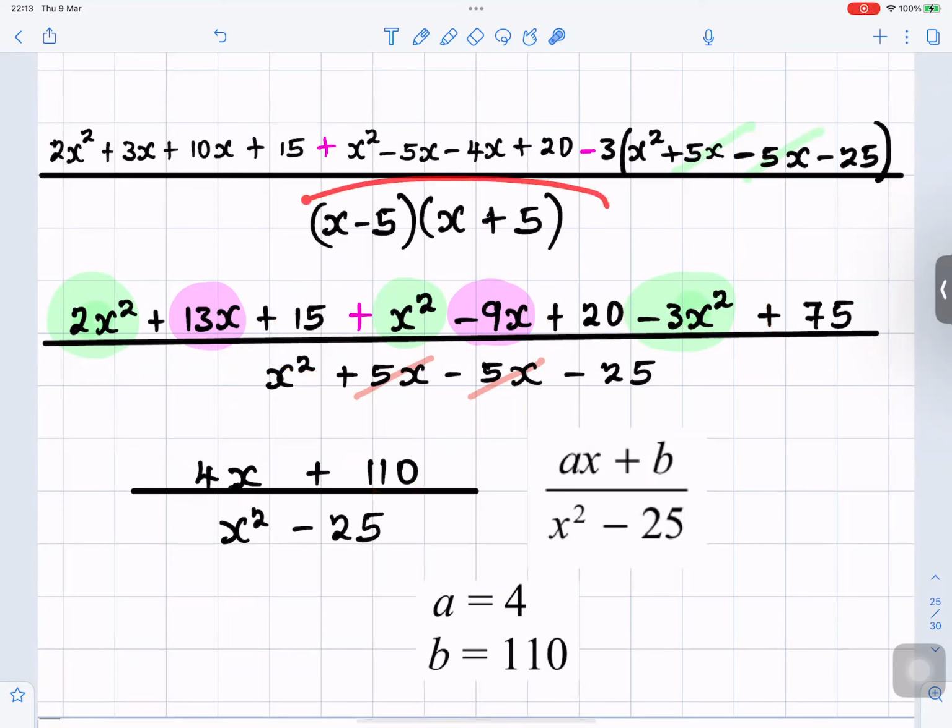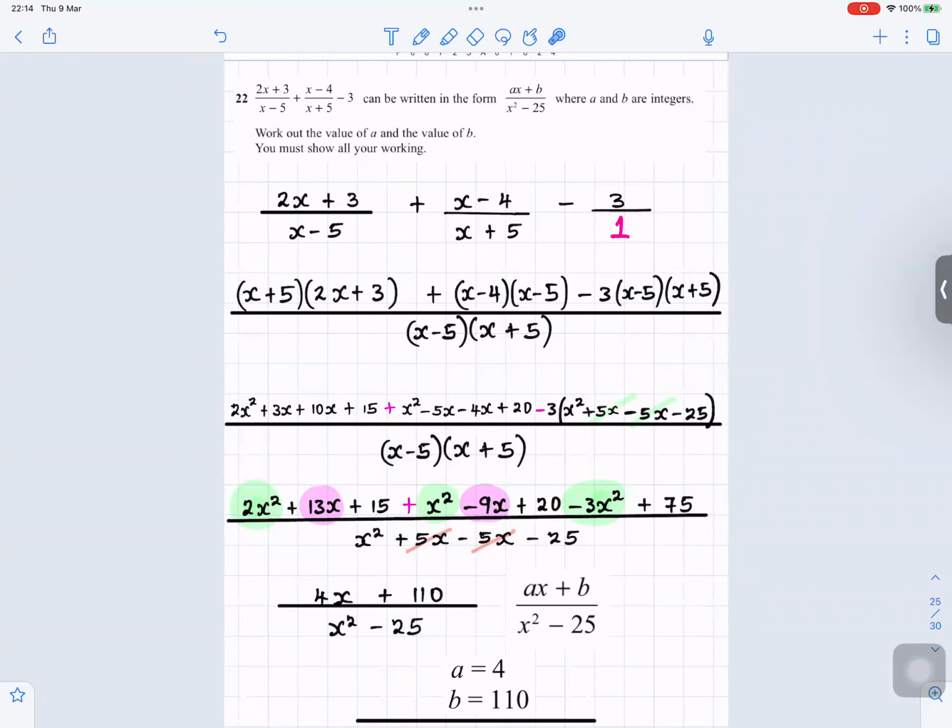And when we expand the denominator there, you get x squared minus 25. You square that x and you minus 5 squared, so it's like x squared minus 5 squared. That's difference of two squares. So that means a is equal to 4, b is 110. So that's the complete answer for question 22.